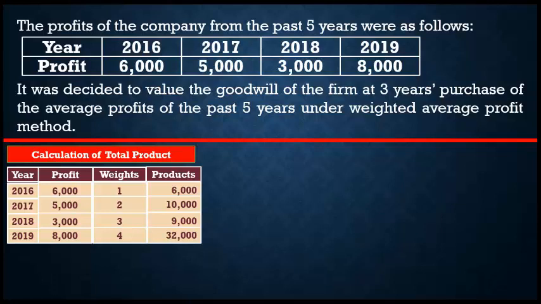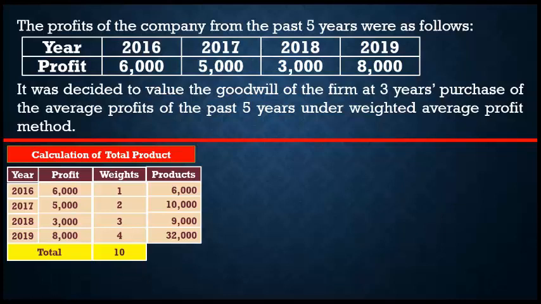Okay, now you have to calculate the weights. Weights 1 plus 2 plus 3 plus 4, total weight 10. Now how to calculate the total product?